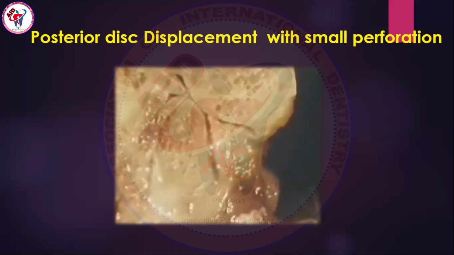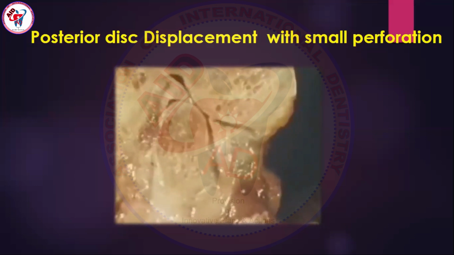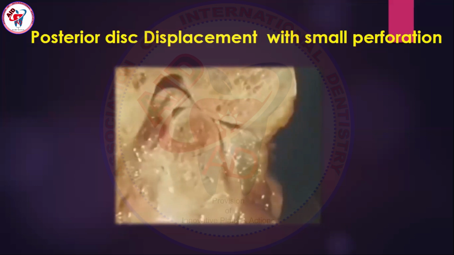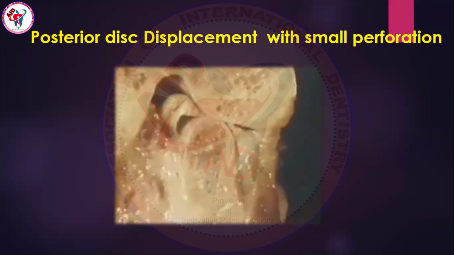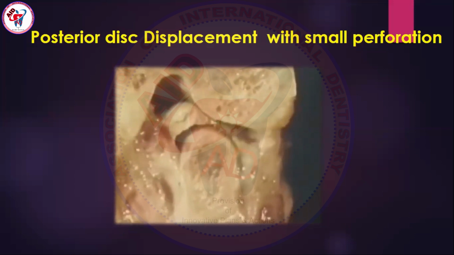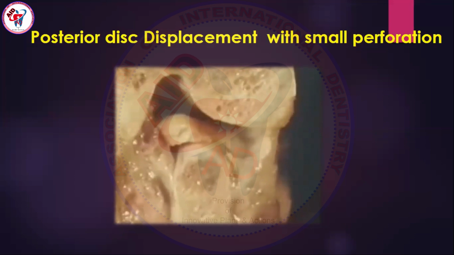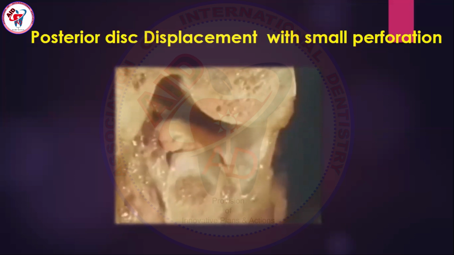And when you just open it, during opening you will see the condyle, and I just tilt it on the lateral side, and you will see this lateral side hole is being perforated.